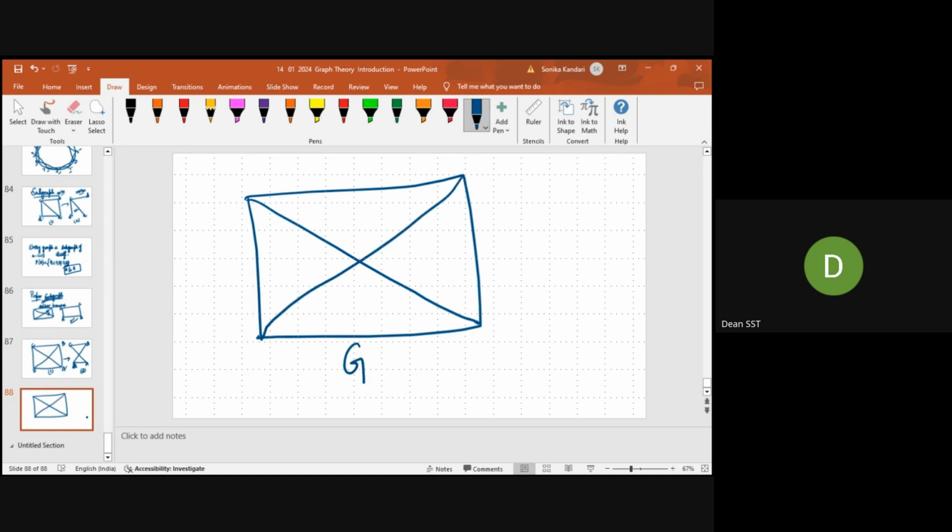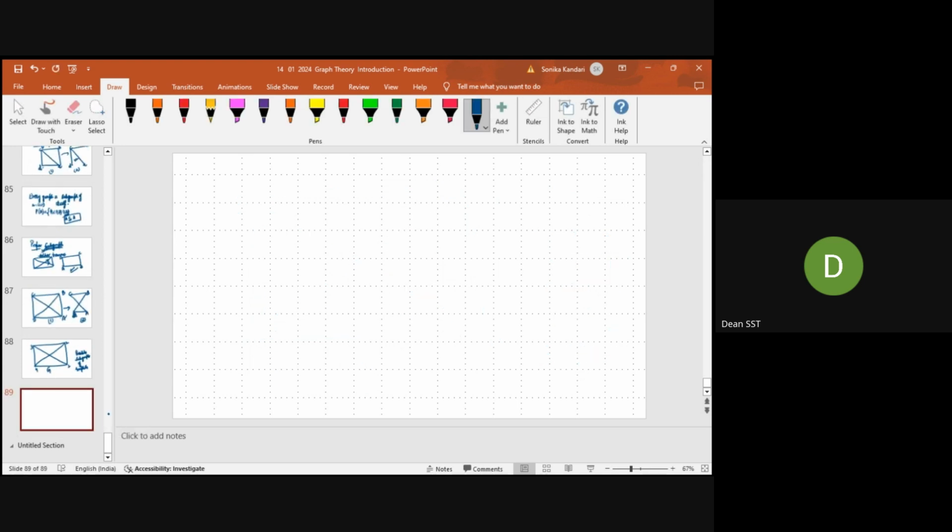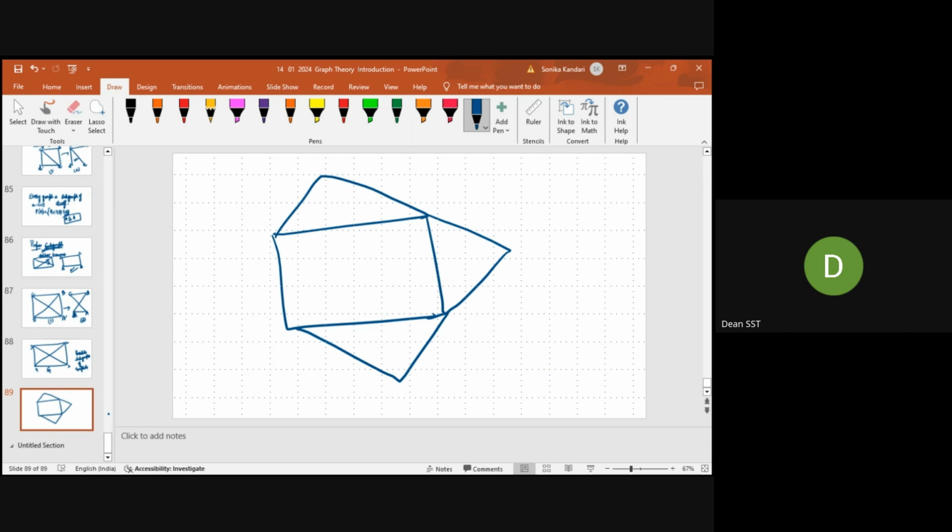This is a graph G. It is having vertices 1, 2, 3, 4, and you have to find all possible subgraphs of graph G. Secondly, just try to find out whether this is a complete graph or not.